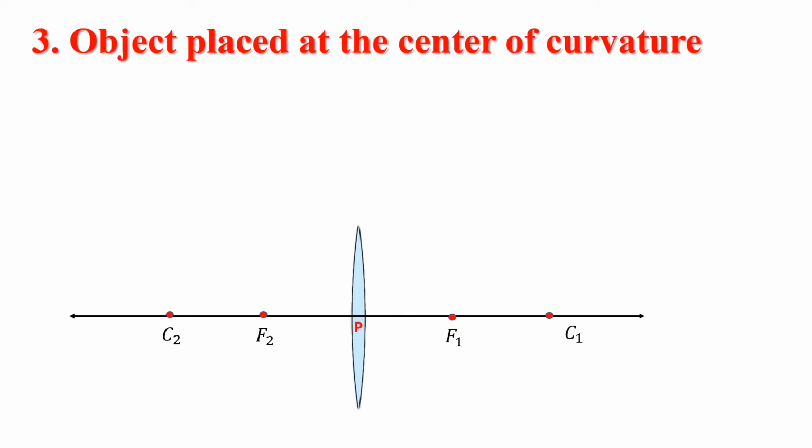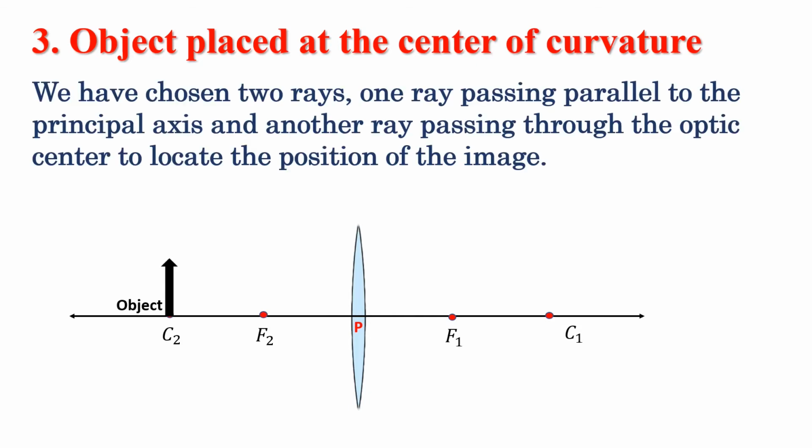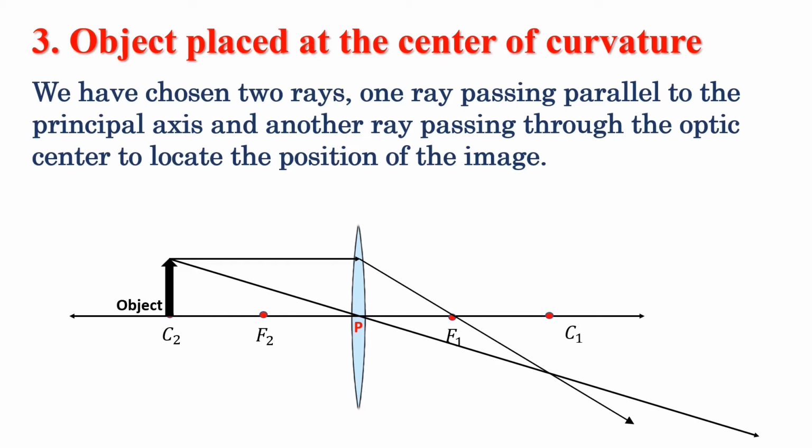The third position, the object is placed at the center of curvature, that is at C2. Here we are choosing again two rays to draw the ray diagram. The first ray is parallel to the principal axis and after refraction it passes through focus F1. The second ray, again, is the ray which is passing through the optic center of the lens.